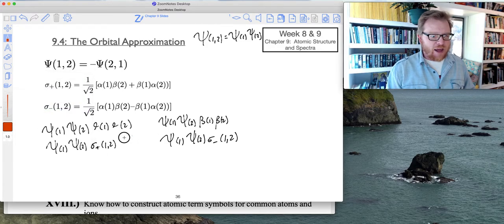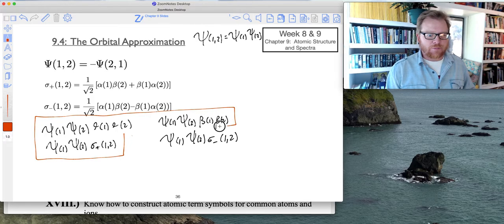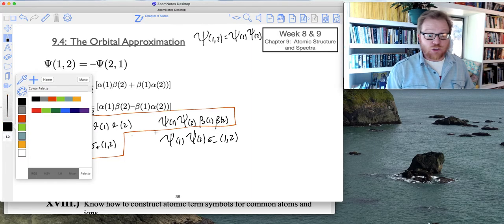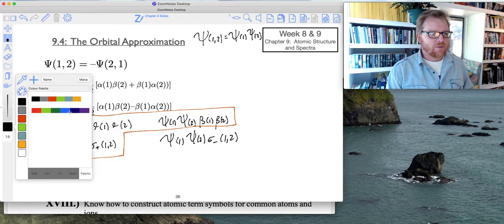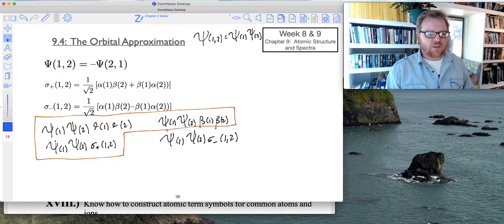I'm going to group these three together, and we'll keep them as a triplet. And I'm going to group this one together, and I'm going to call it a singlet. Okay?